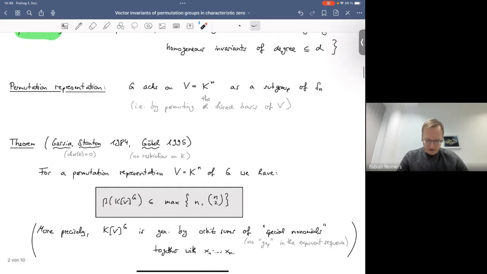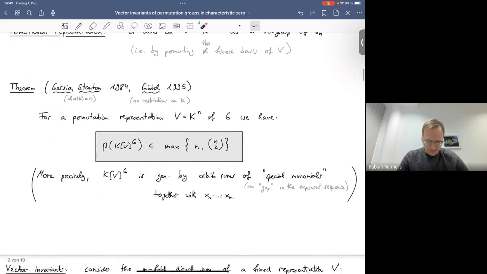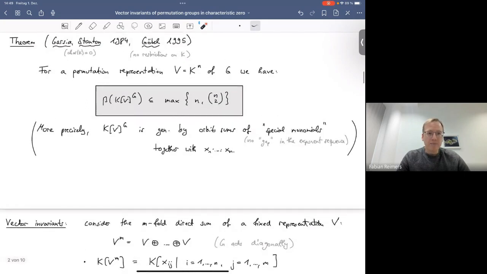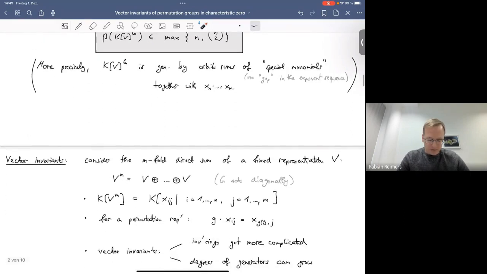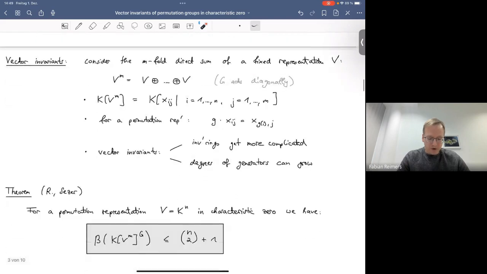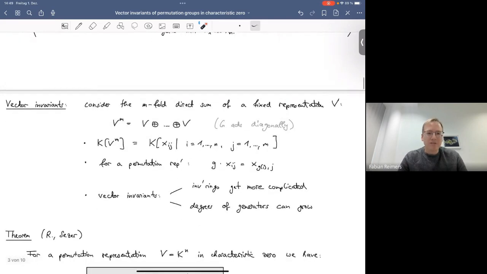So this is the famous theorem by Göbel, and what Müfit and I did is we tried to look at vector invariants in this case of permutation groups. So let me quickly remind or define what we mean by vector invariants. We always mean that we simply look at the direct sum of this representation with itself.